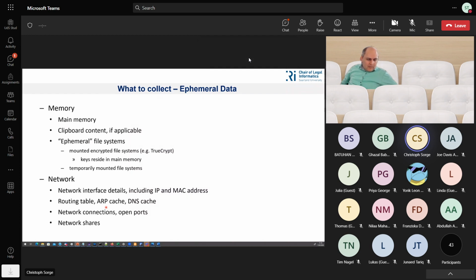So when you have an IP address, you want to send an IP packet to a certain address within the local network, you need to find the corresponding MAC address, and the ARP cache is basically a cache for these mappings. So for all IP addresses of which your system knows the corresponding MAC address, it will tell you that mapping. Now, why might that be interesting?